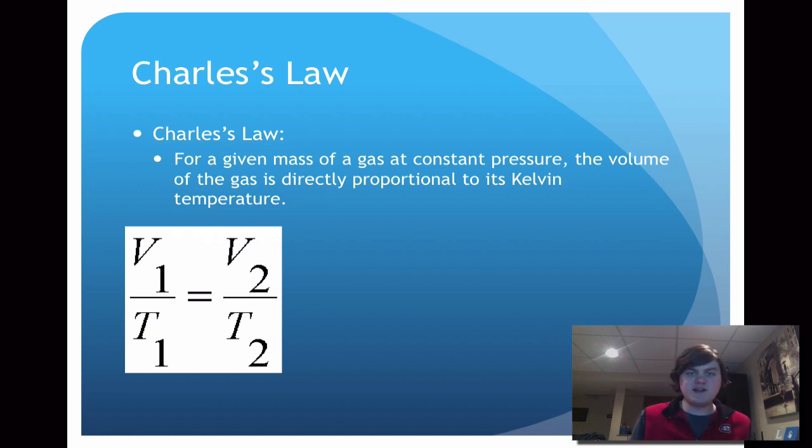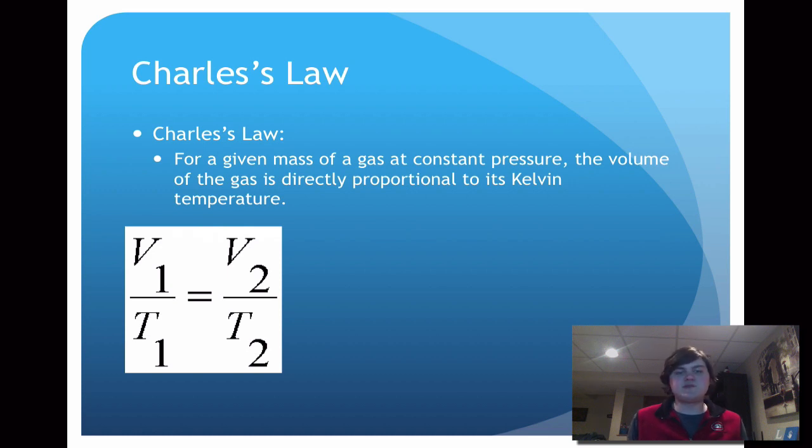What the V represents is volume, which would be in liters, and what T represents is temperature, which is in Kelvin. The subscript 1 indicates that that is the initial state of the system. So wherever the system starts out, you want to record the volume and temperature from that particular point and put it with V1 and T1.